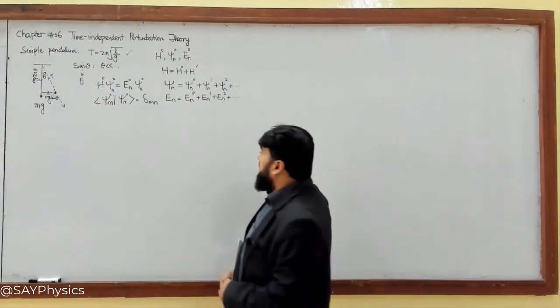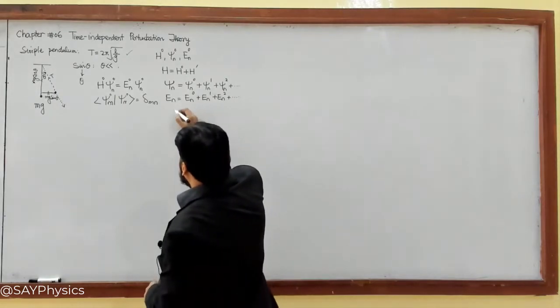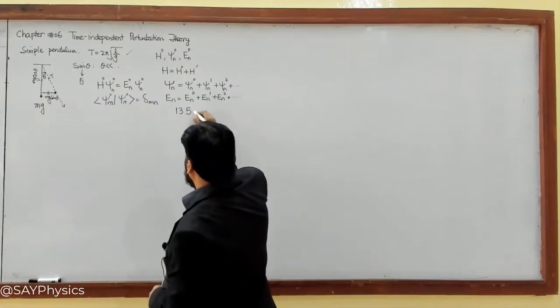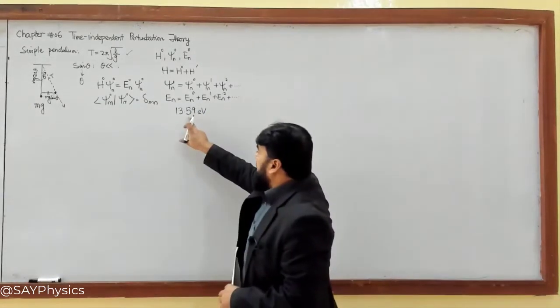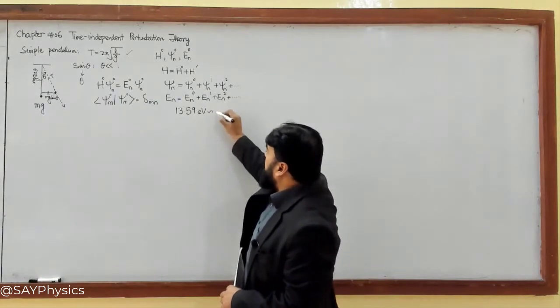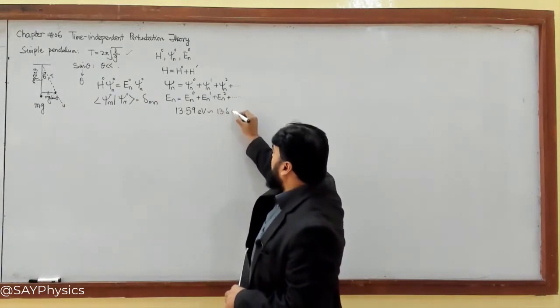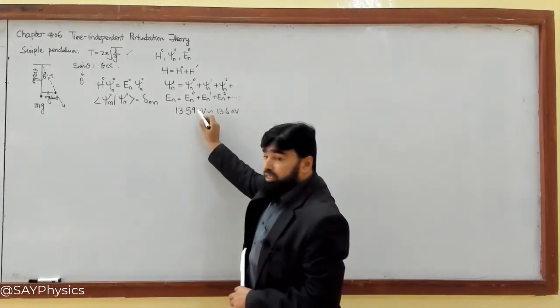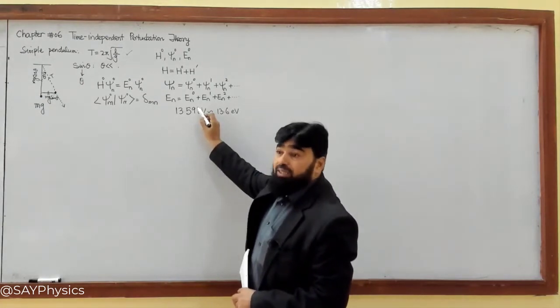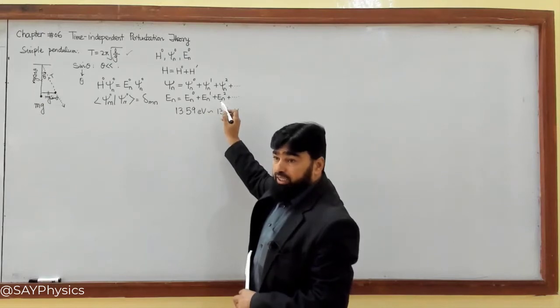Like, for example, the ground state energy of hydrogen is 13.59 electron volt. Now this value we usually approximate as 13.6 electron volt. It is not ending here, but there are some other numbers behind it.